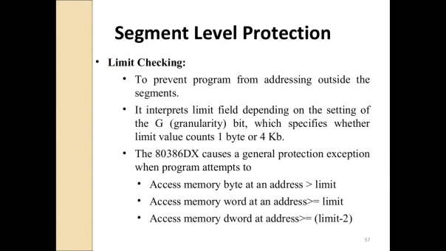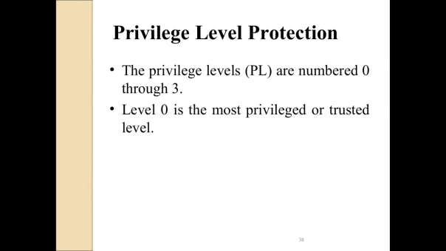Limit checking. The addresses which are specified should be within the limit. They should not go beyond the limit of the segment. So to prevent a program from addressing outside the segment, we use limit checking. Privilege levels are there. These privilege levels are 0 to 3.